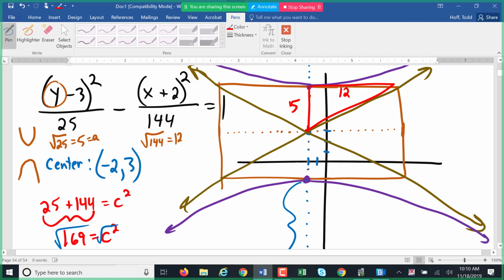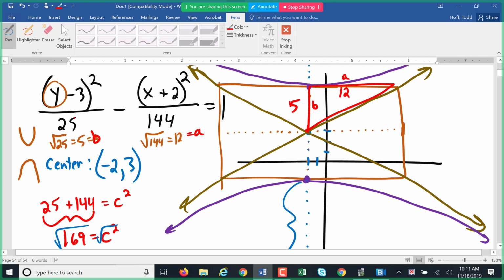Now, depending on how you define a and b, this textbook actually defines it so that b always stays with the y and a always stays with the x, rather than making one of them always the transverse axis and the other always the non-transverse axis. So this is always the b here, and this is the a here.